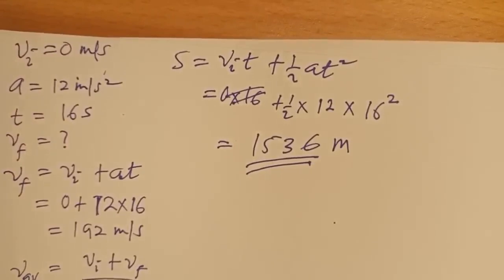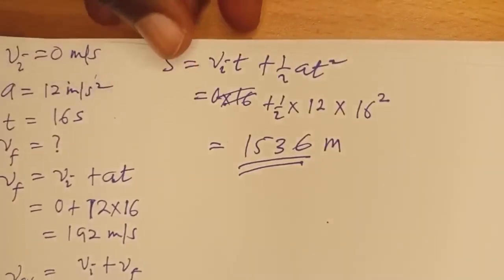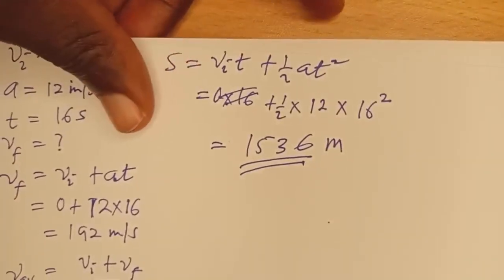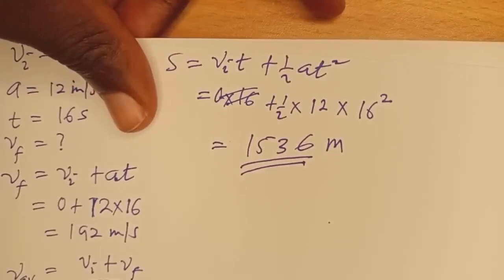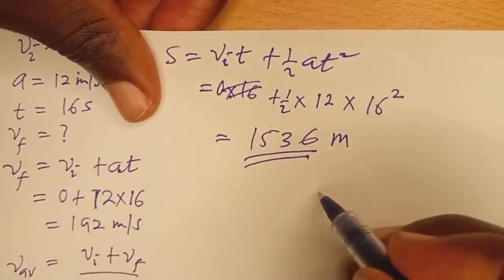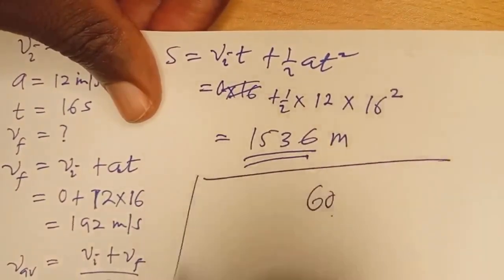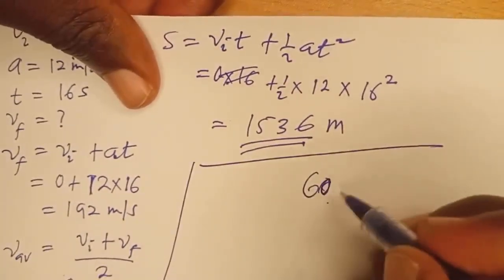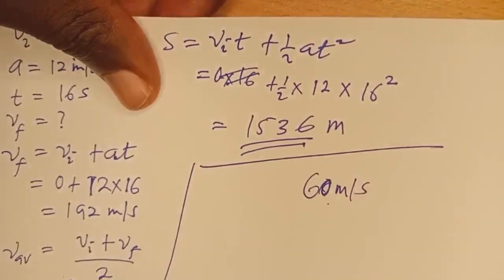Okay, moving on. Let's say we have a problem that says a bus is moving in a straight line with a velocity of 60 meters per second. This is a new problem entirely.